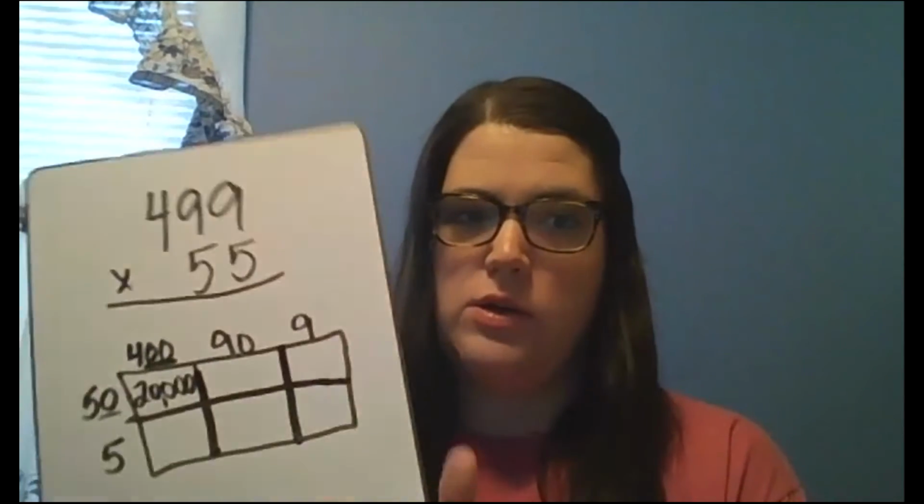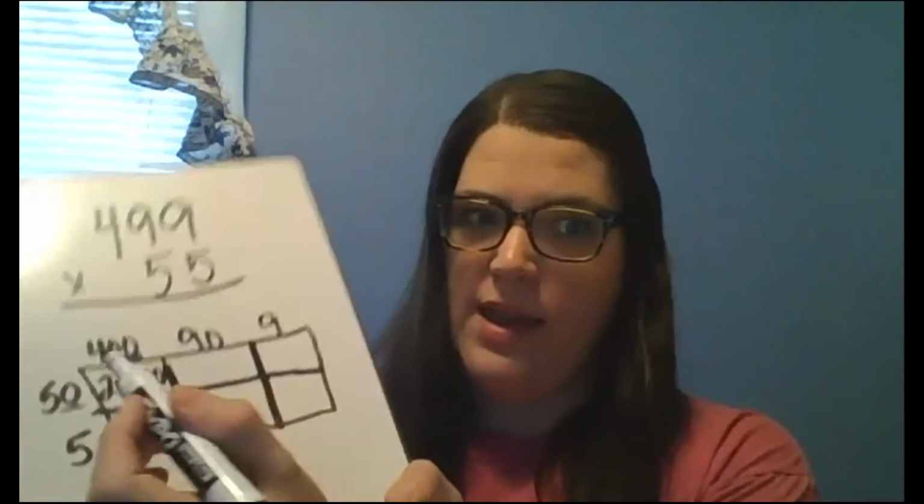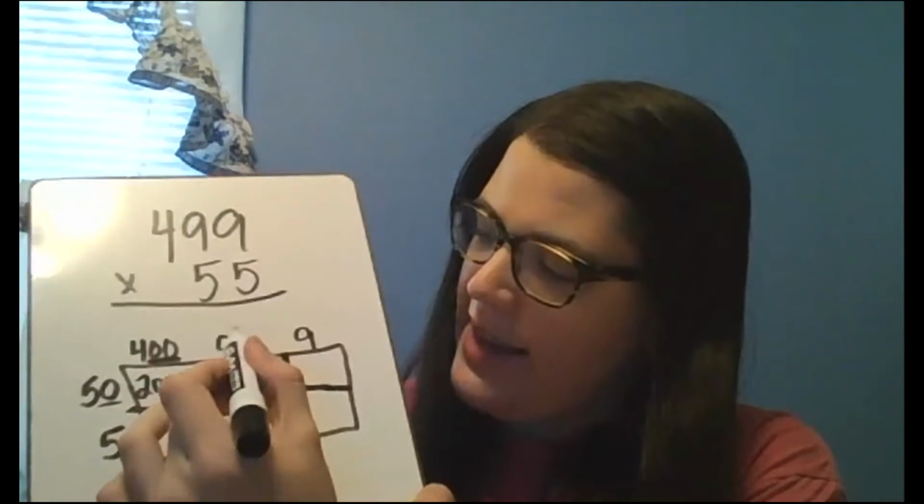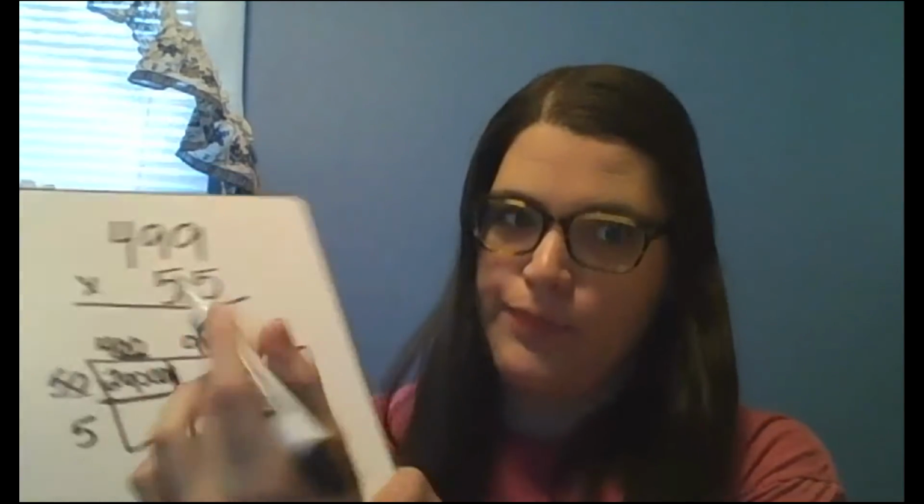Then we go to the next box over, and it would be 50 times 90. 5 times 9, I'm going to show you my nines trick. Here's my hands. I'm going to put down my 5th finger, and we'll use this hand right here.